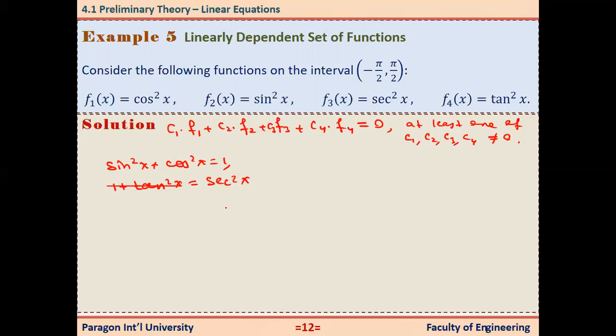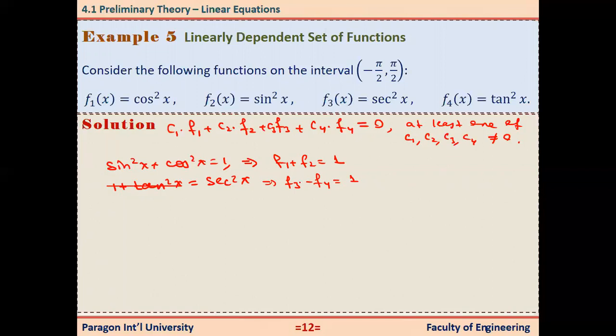So F1 plus F2 is equal to 1, and F3 minus F4 is equal to 1.